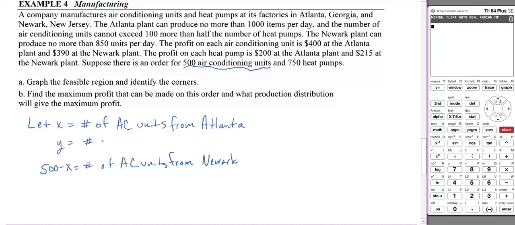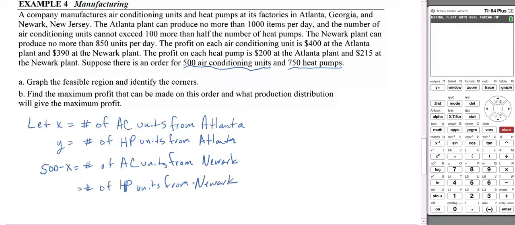Y will let be the number of heat pump units from Atlanta, and our order has 750 heat pumps ordered, so the number of heat pump units from Newark is going to be 750 minus however many heat pumps were produced by the Atlanta plant.